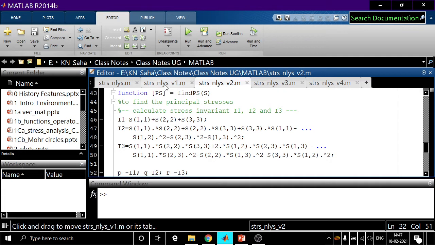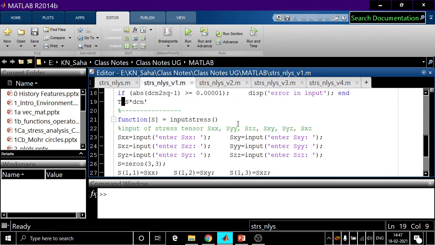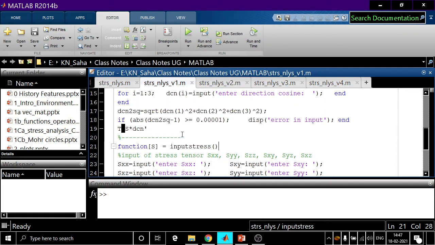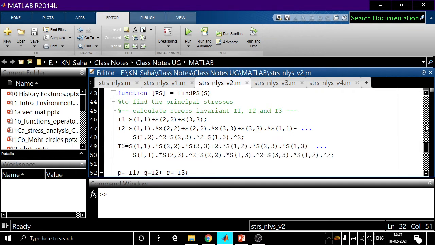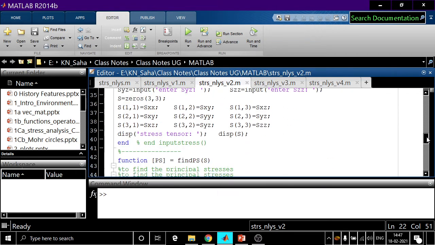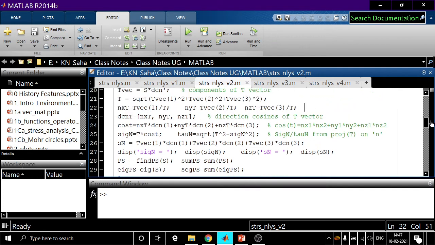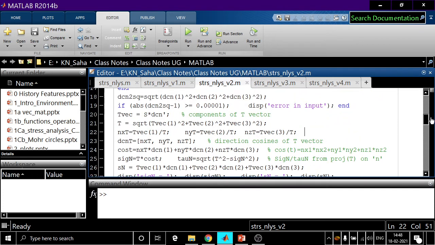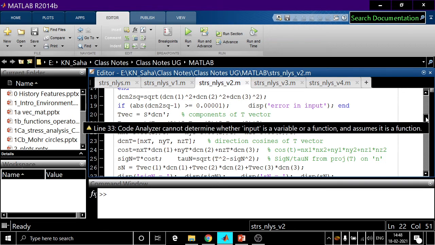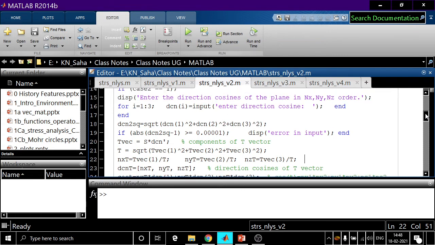Okay. So once again, this was our earlier version, right? What we did here, we calculated the components of T vector. Clear? In the next version, this is the one.